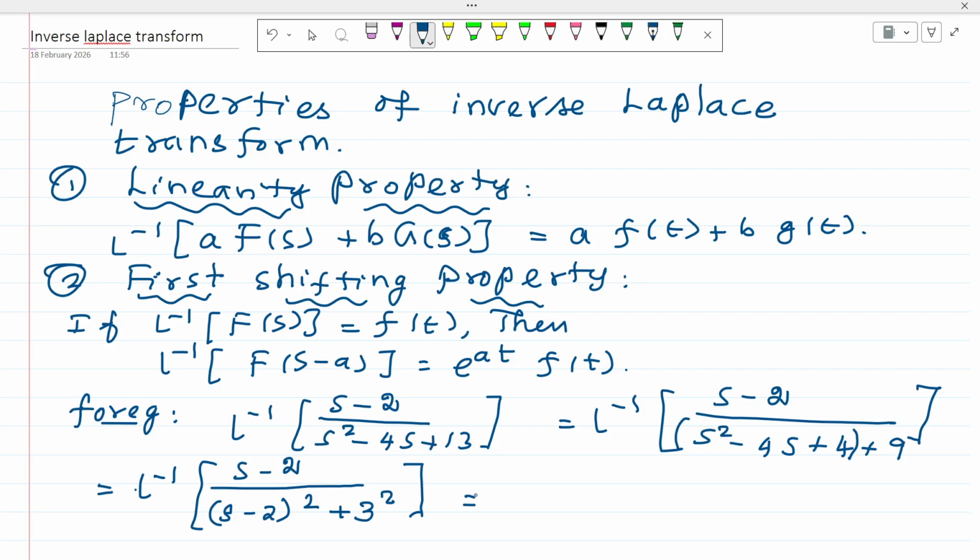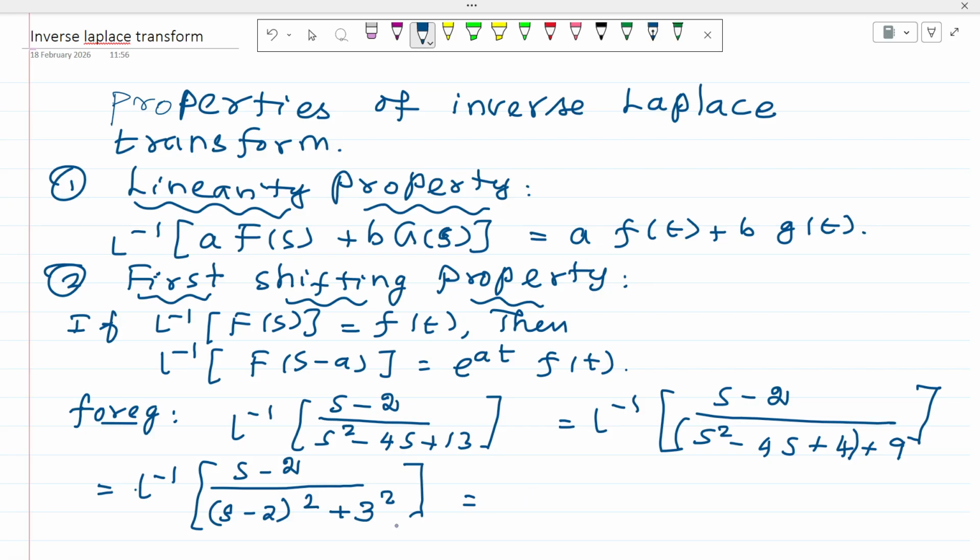Now, using this property, what is f of s minus a? e power a t f of t. Here, in the place of s minus a format, that means s minus 2 format, therefore a equals 2.